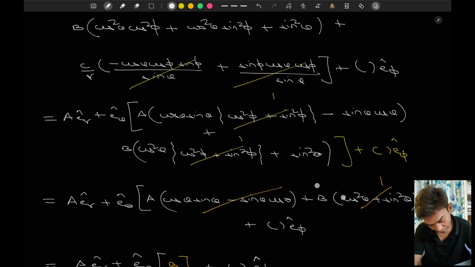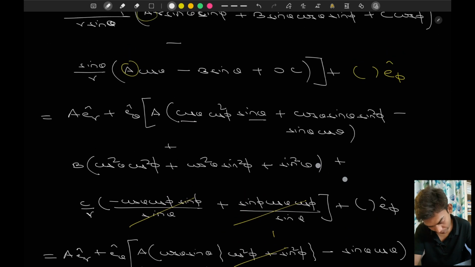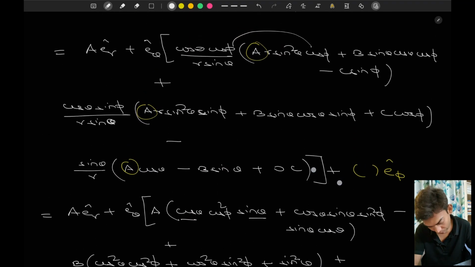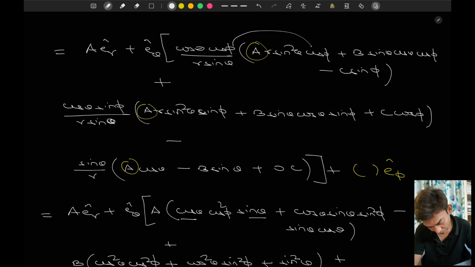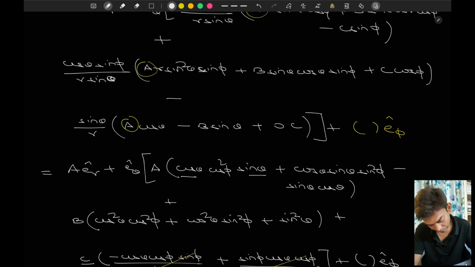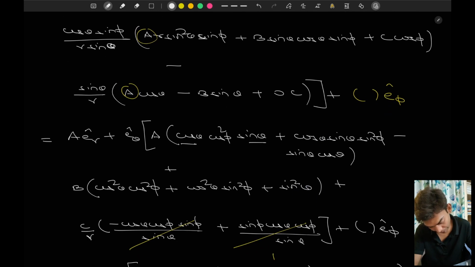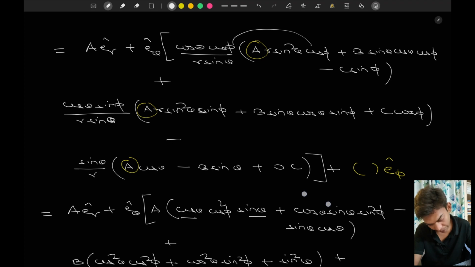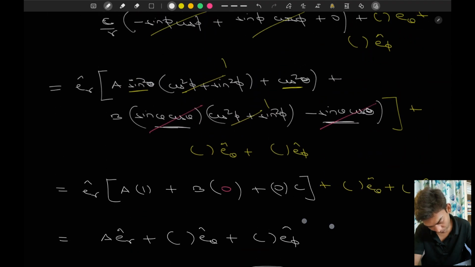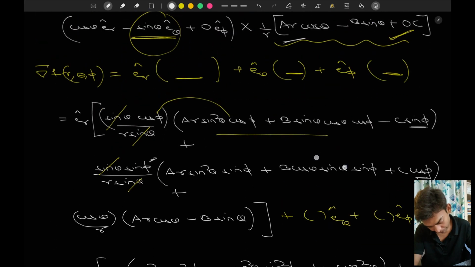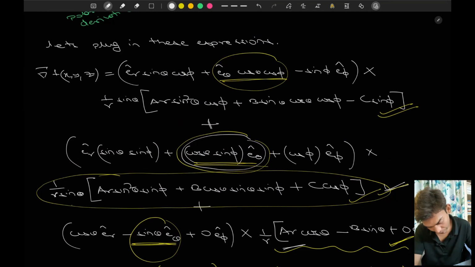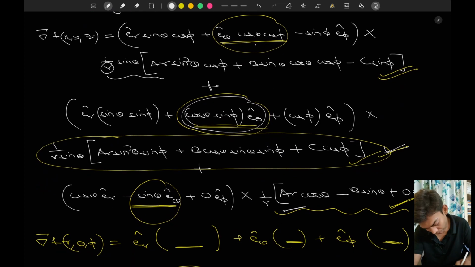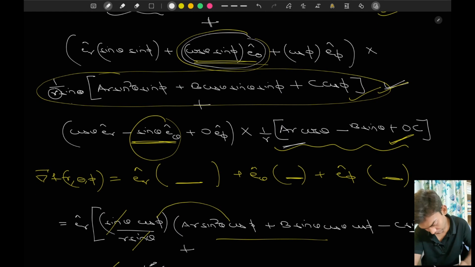Did I make a mistake? There should be r. Let me check, please. Yeah, I did make a mistake, and the mistake is that when I multiplied this guy with the entire term, I forgot this r. Similarly here also.